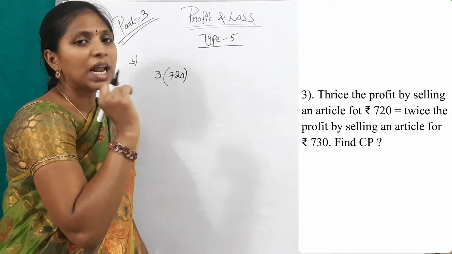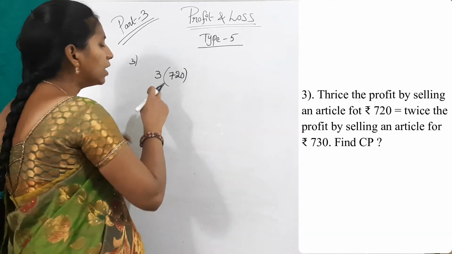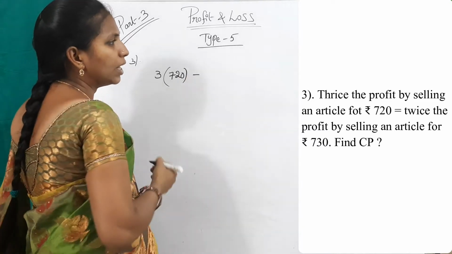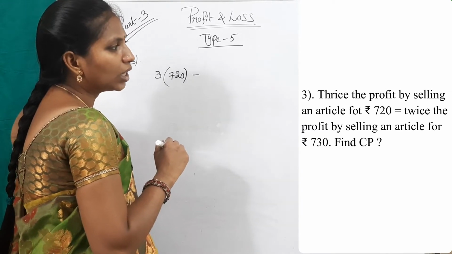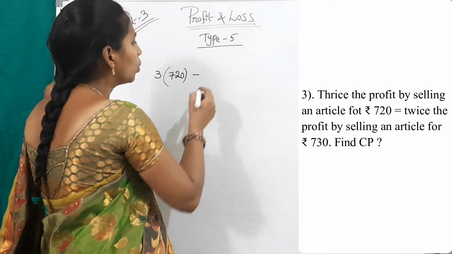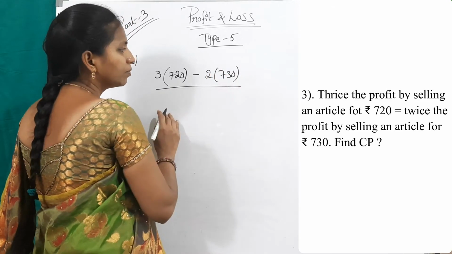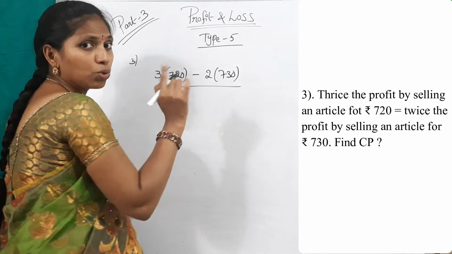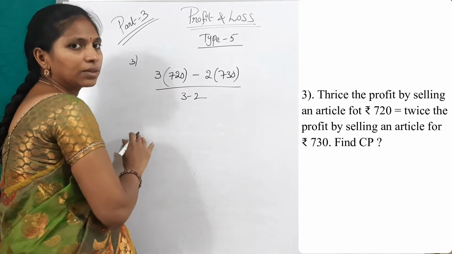Same like poles. Like poles are always repulsive. So take a minus. 3 into 720 minus twice the profit by selling an article for 730, 2 into 730, by 3 minus 2, not plus. 3 minus 2. This is a shortcut.